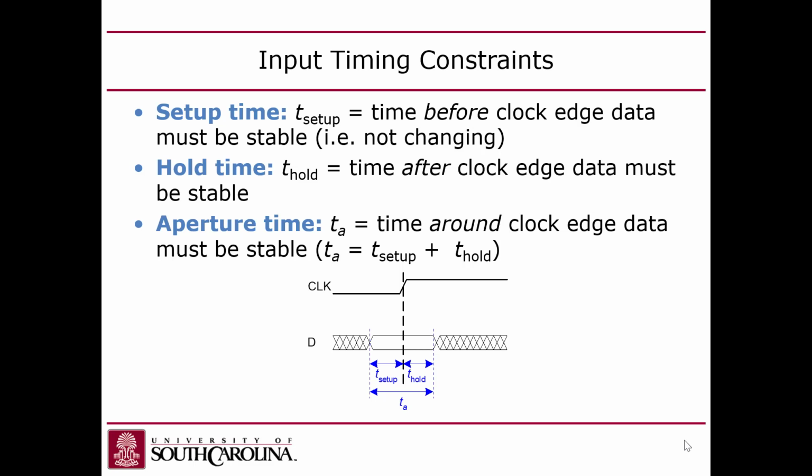It won't stay there forever. It'll eventually settle on the correct value. But there will be a time period where the output will be undefined, sort of between 0 and 1. It'll capture an in-between state, and so you want to avoid that.